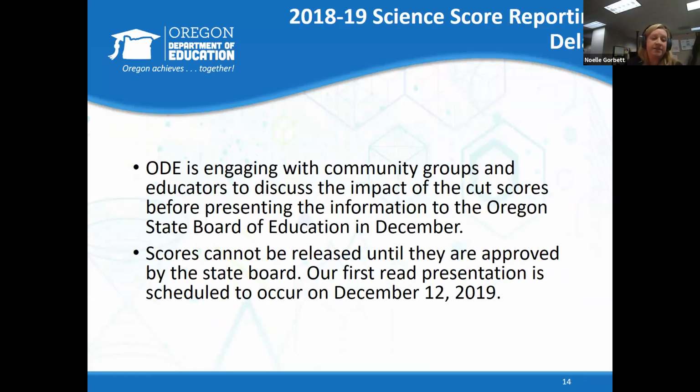We're going to be taking it to the state board on December 12th. Typically we go through more than 1 reading, and so this will be our first reading to the state board, and then we'll have an additional reading most likely in January. It could be a little bit longer depending on the board's availability and any recommendations that they might have for us at the December meeting.